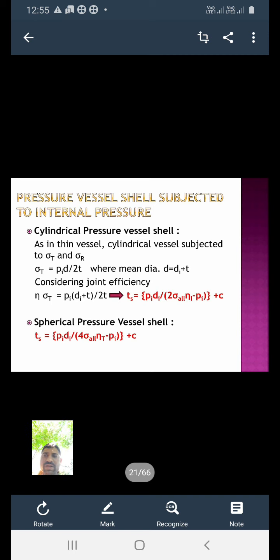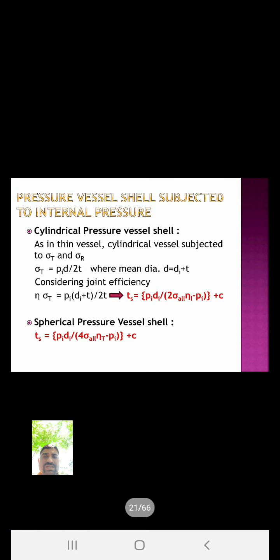Again, C. I will explain what is meant by Ts. Ts is the thickness of the shell with corrosion allowance C. Sigma all is the allowable tensile stress for the spherical vessel shell, given in Newton per mm square. Pi is the design pressure or internal pressure, in Newton per mm square.